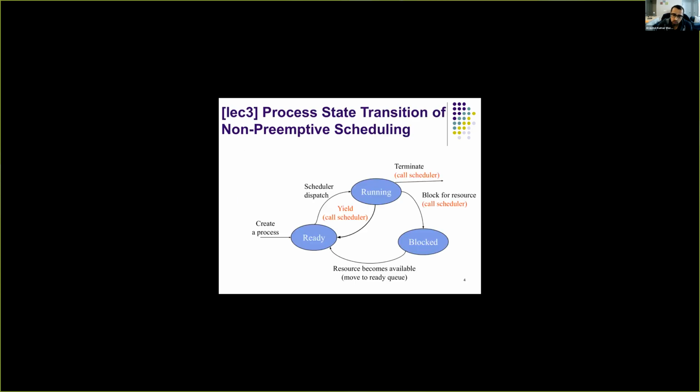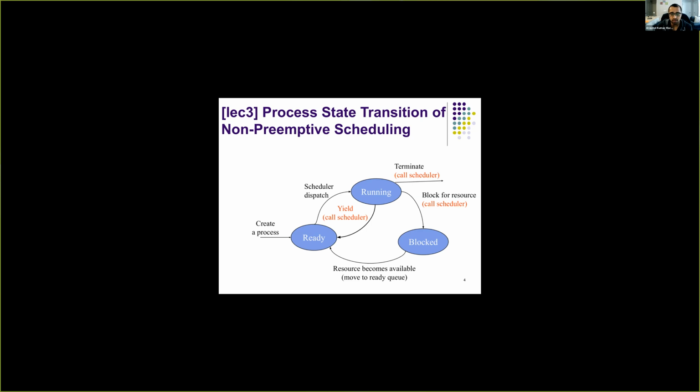So we actually saw an example of CPU scheduling in our lecture 3, where we saw non-preemptive scheduling. By this, I mean the process, we never take the CPU away from the process. Rather, the process gives up the CPU when it is not needed by it. Okay. So as we saw, this is the state diagram of the process.